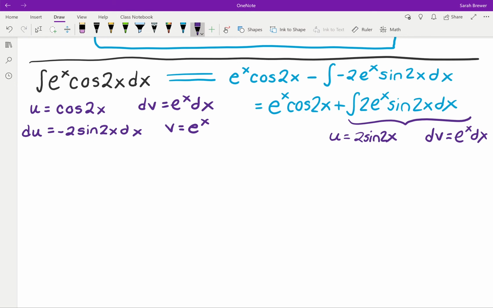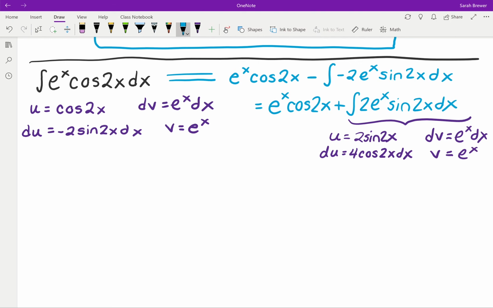So I want to be consistent. All right, so differentiating this gives me derivative of 2 sine is 2 cosine times another 2 from the chain rule. So this gives us 4 cosine 2x dx and a v that is equal to e to the x.